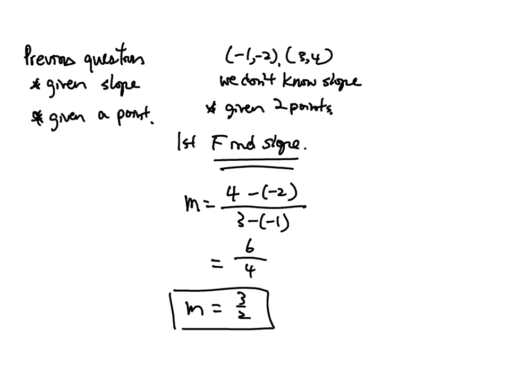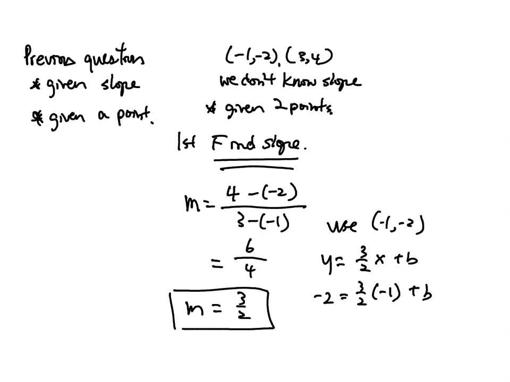So I'm going to use negative 1, negative 2, because smaller number. So here we go. y equals 3 halves x plus b. Plugging in all the values, you get negative 2 equals 3 halves times negative 1 plus b. So this is negative 2 equals negative 3 halves plus b.